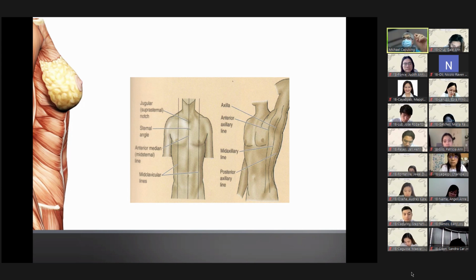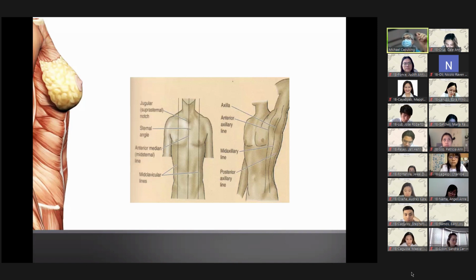Variable in the sense that this will follow the bulk of the breast, the size of the breast. Remember, as you age, the consistency of the breast also varies. No? So as you grow older, the breast sags, and you cannot make use of the nipple as a landmark.